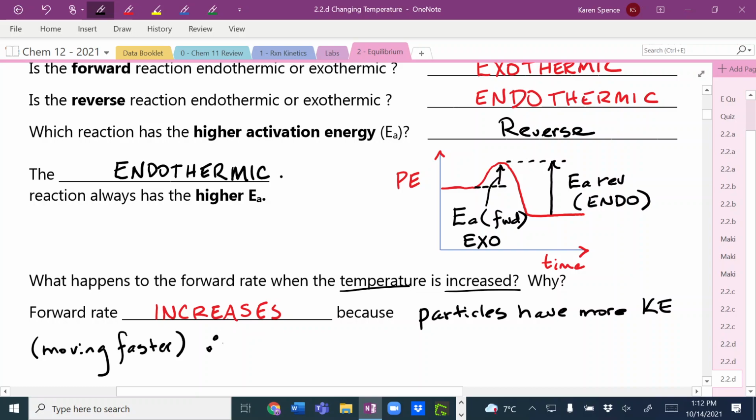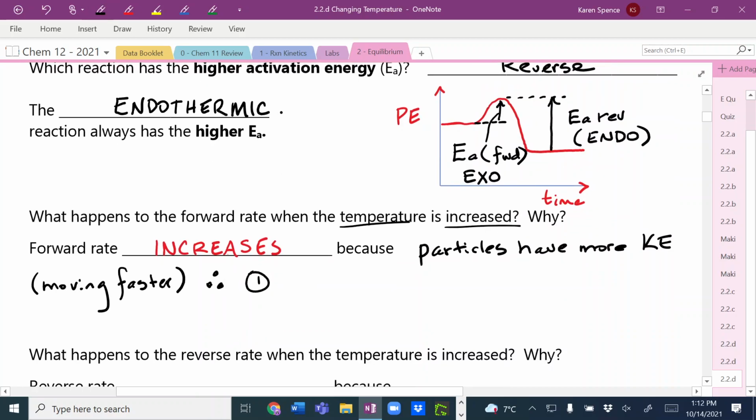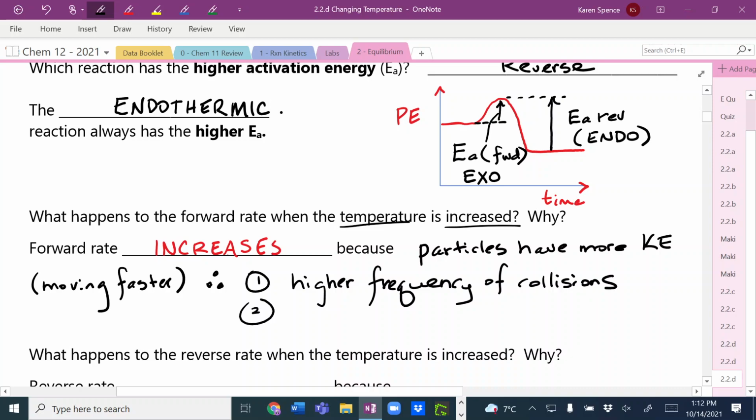So therefore, there's two things that happen because of that. More frequency of collisions. Okay, so there's a higher frequency of collisions. And a higher percentage of collisions that are successful because the collisions are more energetic.